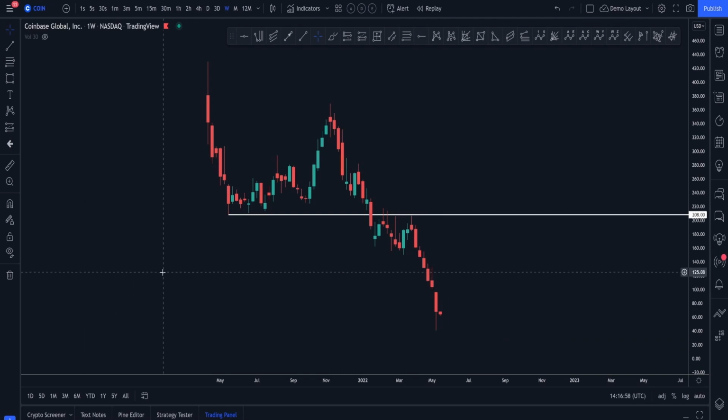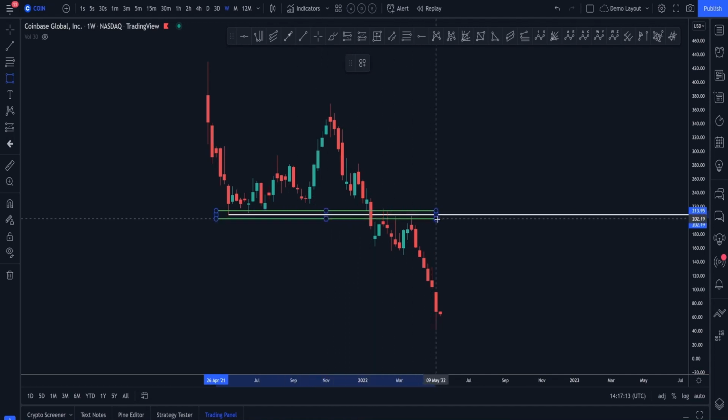Based on this, we can argue that initially buyers were very interested in purchasing this asset at this price level. However, here the buyers were no longer as interested in purchasing the asset, so price moved lower to find interested buyers. These appeared here, and there was a bounce up to that key level.